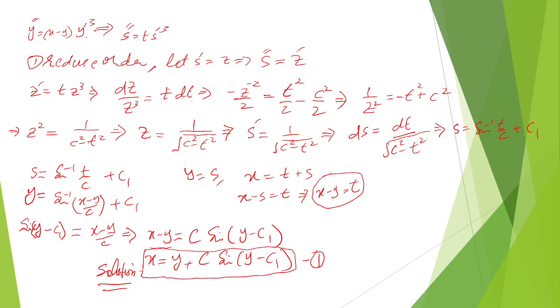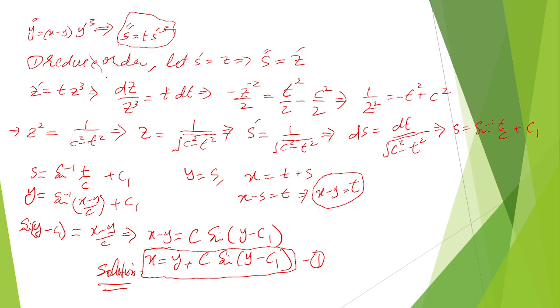But you see, this transformed form is not linear. S dash cube is there. This is not linear, and our video is on linearization. So in this process, we reduced the order and we solved it.